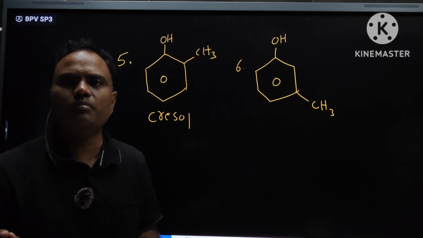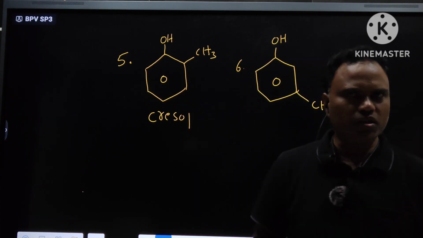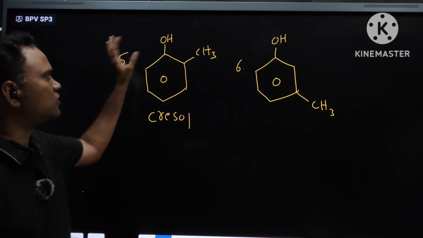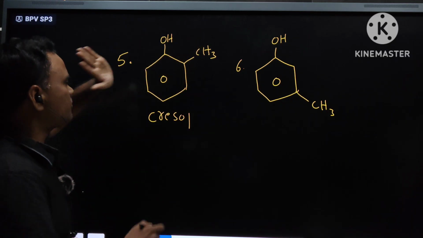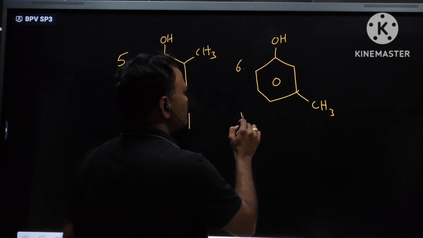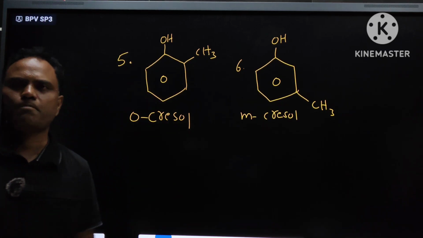So when do we call a particular compound a cresol? When benzene contains OH and CH3. When both OH and CH3 are present on the benzene, the total compound is called cresol. But if methyl is in the ortho position, it is o-cresol, ortho-cresol. If methyl is in the meta position, it is m-cresol, meta-cresol. Clear?